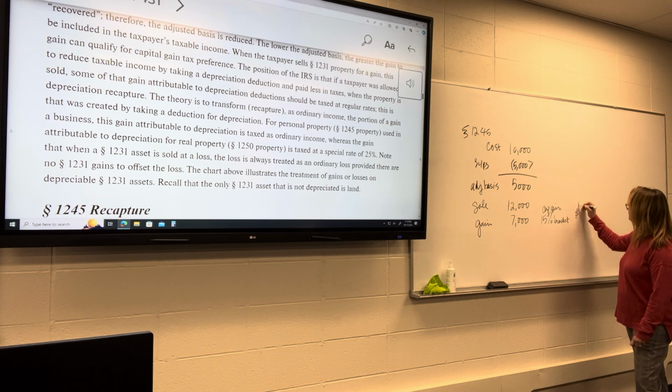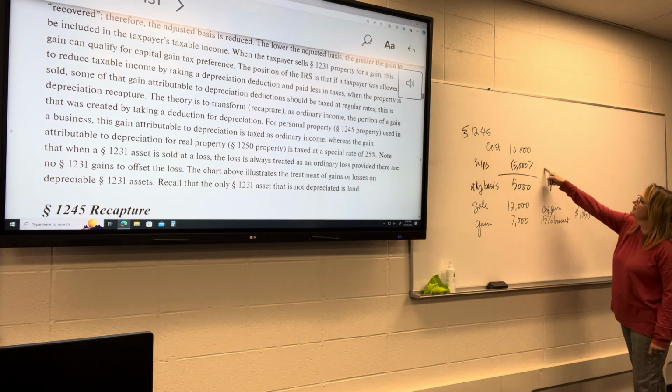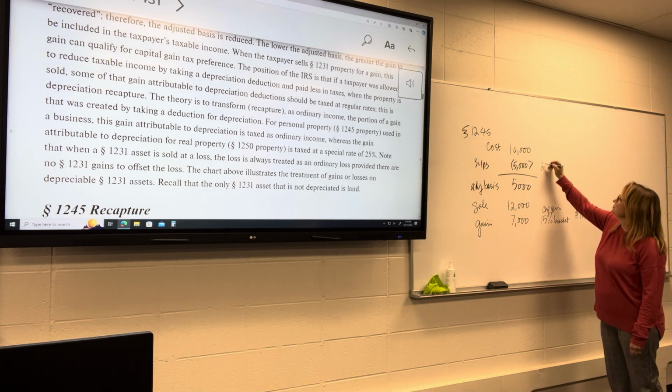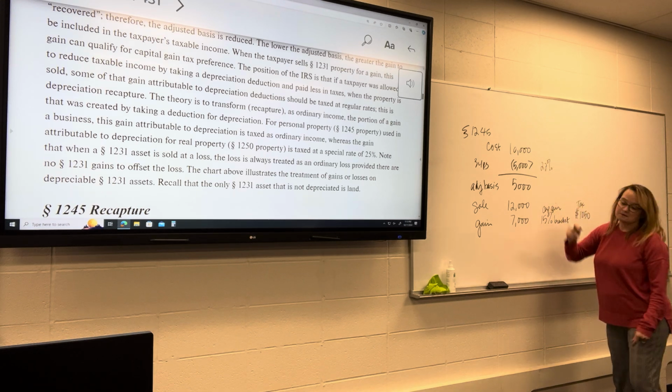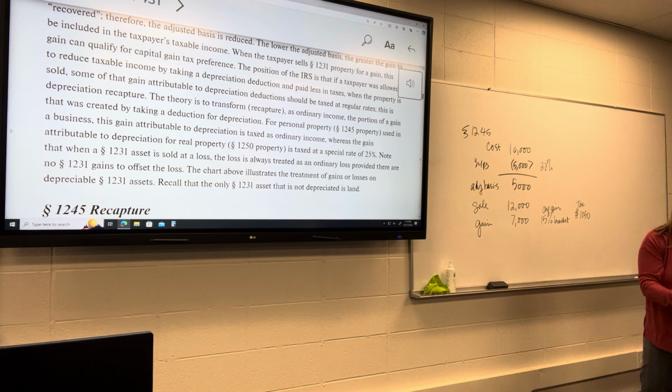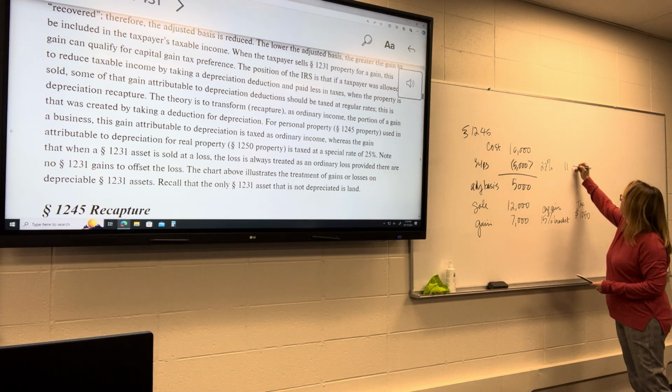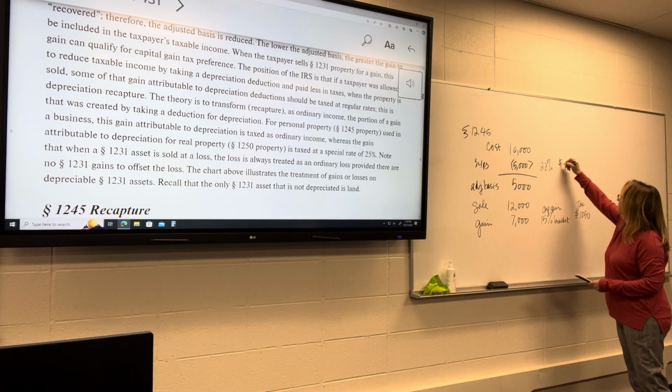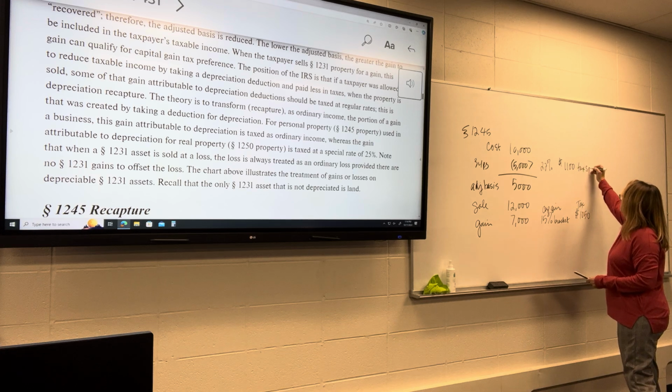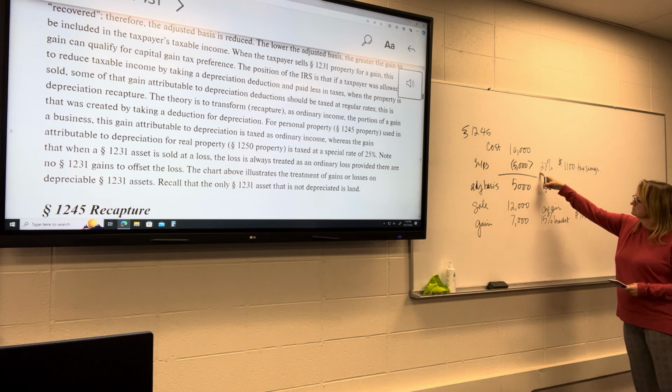So the tax is 1,050. Up here, we were in the 22% tax bracket, so $1,100 in tax savings we received.